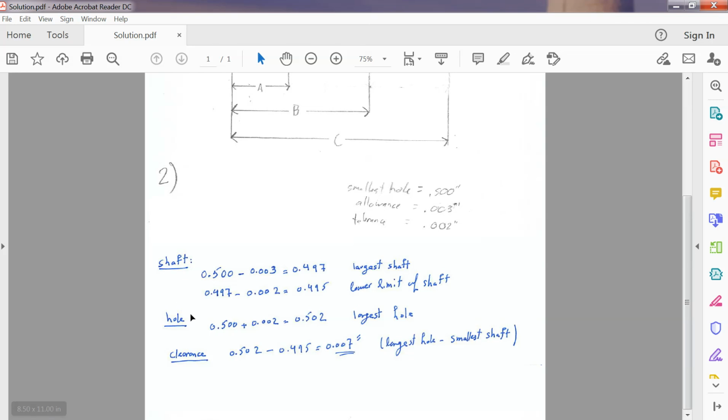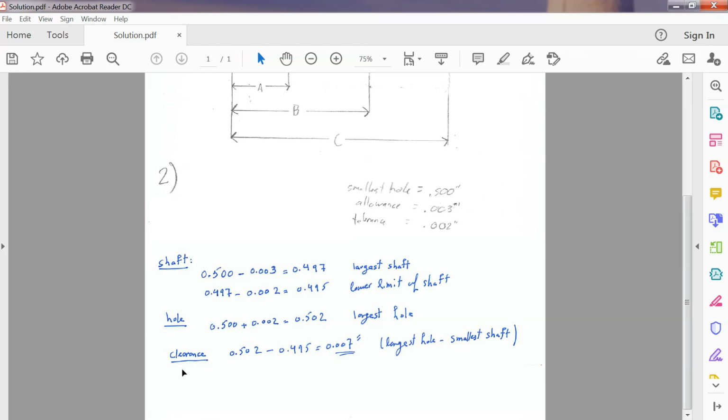Now for the hole, we know that the smallest hole is 0.5 inches. Since we have a tolerance of 0.002 inches, we can get the diameter of the largest hole by adding 0.002 to 0.5, and we get 0.502 inches for the largest hole.